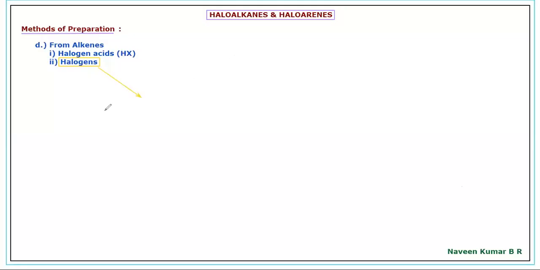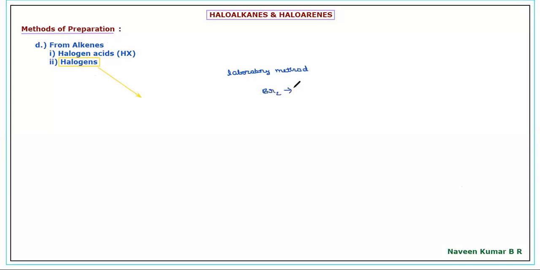Now we'll consider the second reaction of alkenes, treating the alkenes with halogens. In the laboratory method, it is the most useful method for the detection of double bonded carbons, that is, unsaturated alkenes. In the laboratory method, bromine is treated.